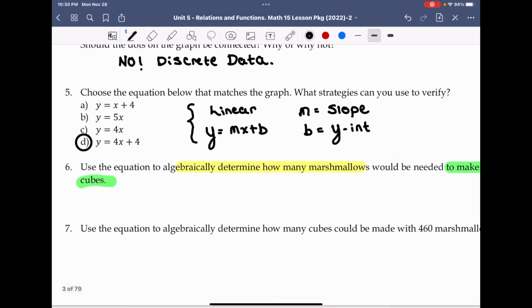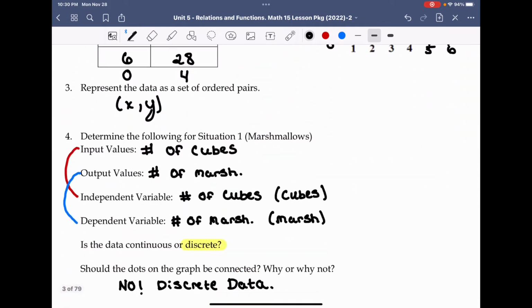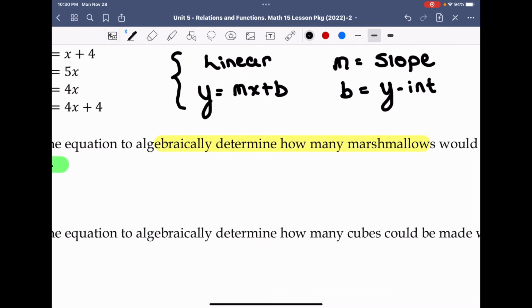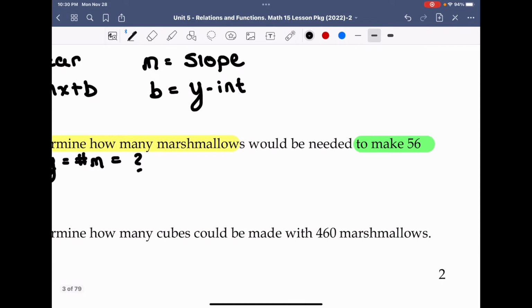Well, when we go above, the number of marshmallows was always determined by y. It's our y variable, or our dependent variable. So we're looking for our y, which is equal to the number of marshmallows, which is equal to an unknown. And they give us 56 cubes as the descriptor. Well, the number of cubes was determined by x. So the number of cubes is x, and we know this is 56.